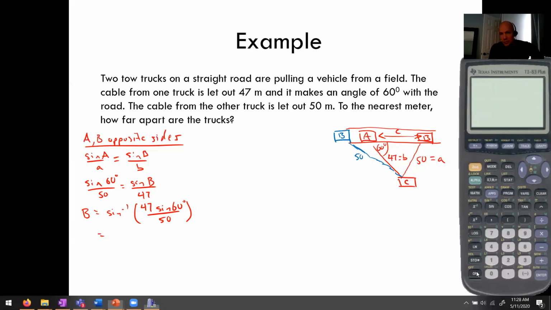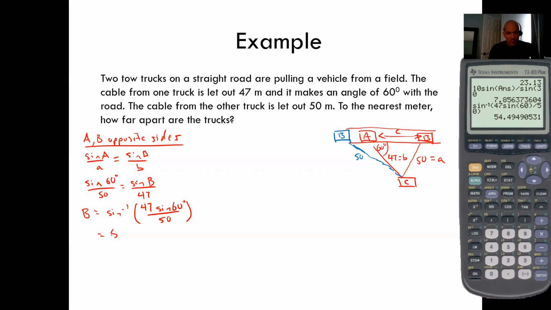Don't you dare go to Sigma and B calculator. There we go. Okay, so we're going inverse sine of 47 sine 60, close that up, divide by 50, and close the whole thing to make sure we're inverse signing everything, and we get 54.5 degrees. Good enough for me. 54.5 degrees.